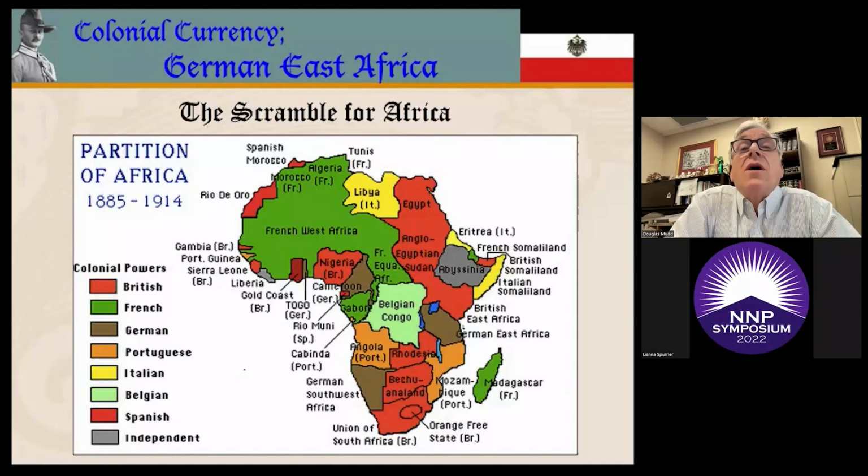They were Austria-Hungary, Belgium, Denmark, France, Germany, Great Britain, Italy, the Netherlands, Portugal, Russia, Spain, Sweden, Norway, which was joined at the time, Turkey, and the United States.